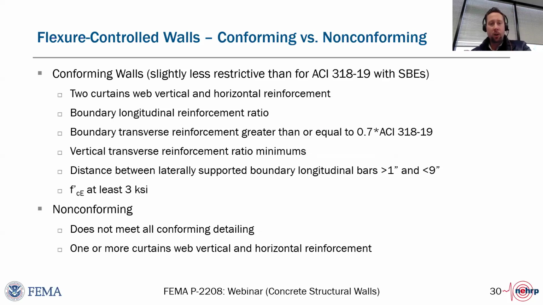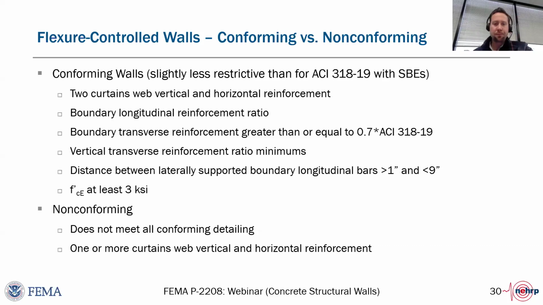So for conforming walls, I guess for flexure, there are two different conditions that we said. They're either conforming walls or non-conforming walls. Conforming walls would be ones that we think are generally meeting the intent of ACI 318 for special wall provisions. They don't necessarily need to meet those provisions exactly. There's a little bit of a relaxation, with the recognition that these are existing wall buildings, and a relaxation would be good because you almost never meet the full requirements of the special detailing requirements in ACI 318.